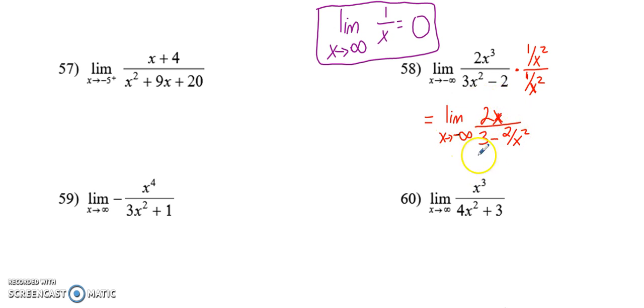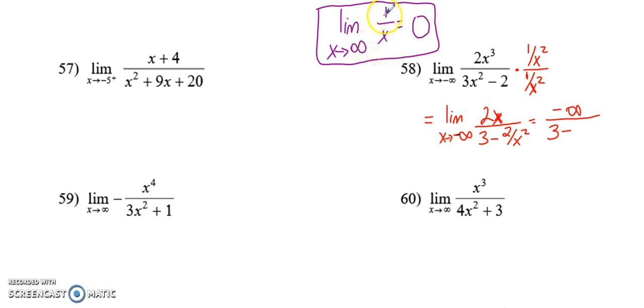So now, what do we do with this? Well, in this case, with this setup, go ahead and pretend negative infinity, treat it like a number. So 2 times negative infinity is negative infinity. The limit as x goes to negative infinity of 3, well, the limit of a constant is just that constant. Minus the limit as x goes to negative infinity of 2 over x squared.